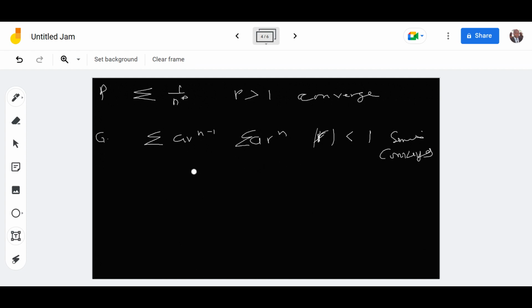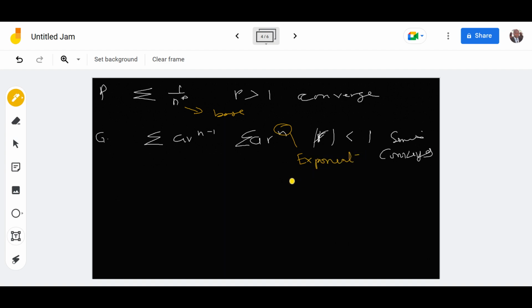The significant difference between the P series and the G series is the position of your n. In the P series, the n is the base. Whereas in the G series, the n is the exponent.